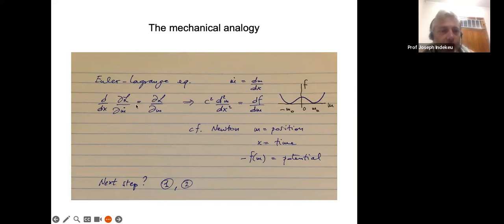It's d/dx of dL/dm dot, where L is the integrand of our functional and m dot is dm/dx, and the right-hand side is dL/dm. And so this boils down to the Newton equation of motion, a second order differential equation, which is written down here. And now you can appreciate already that f is minus the mechanical potential, right? Because the force is minus the gradient of the mechanical potential.